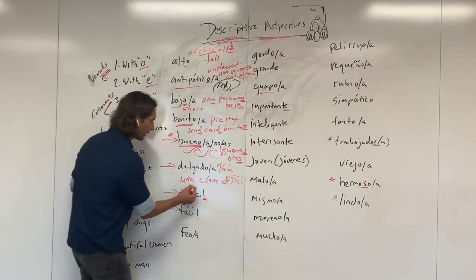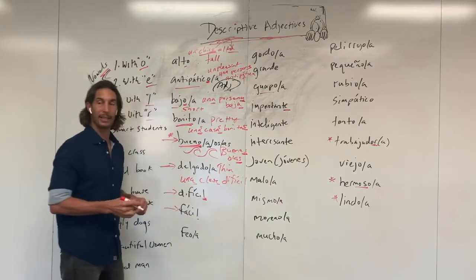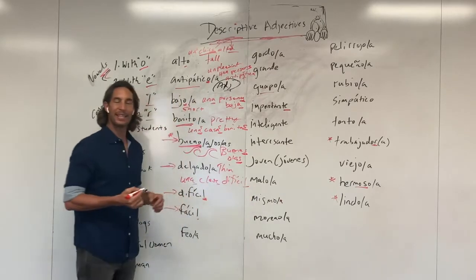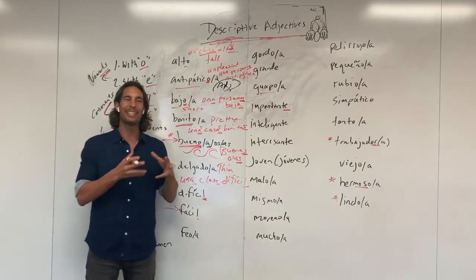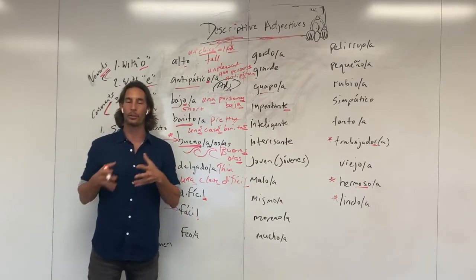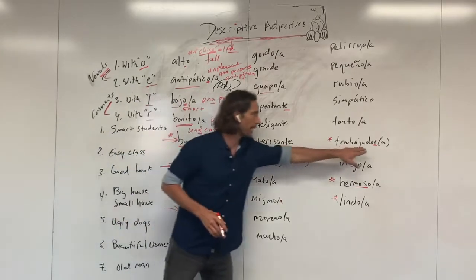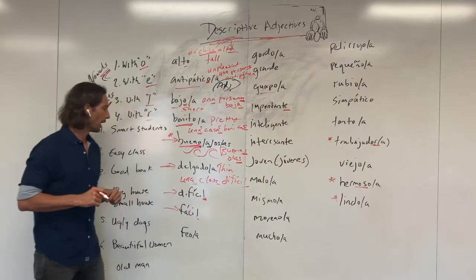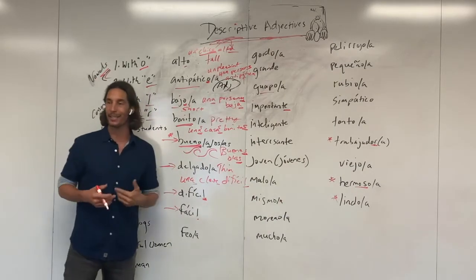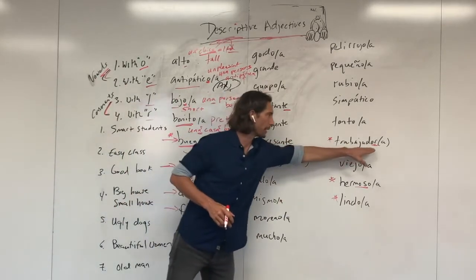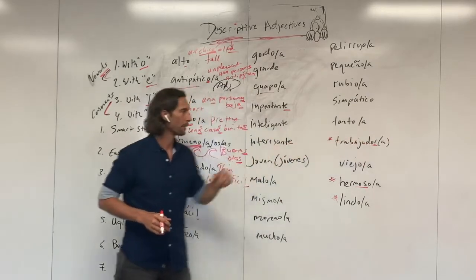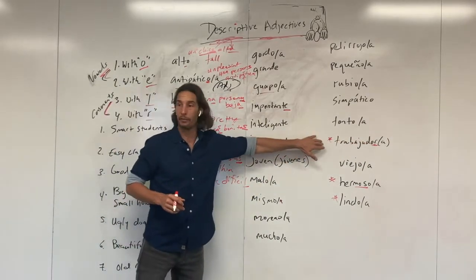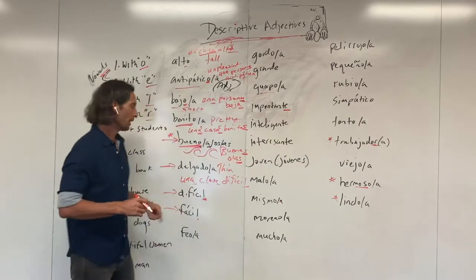Notice we have una clase. Clase is a feminine singular noun, but we say una clase difícil. We don't say una clase difícila. If it ends with a consonant, putting aside our example over here, which is an R, but if it's an L, for example, or other consonants, R, of course, is our exception, especially with trabajador and some of these other R-ending adjectives, that's why I put an asterisk here.